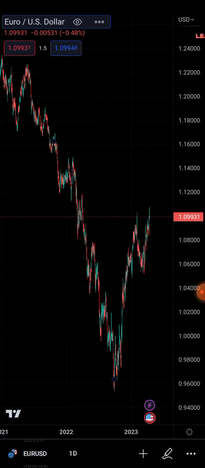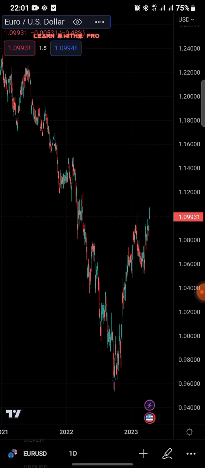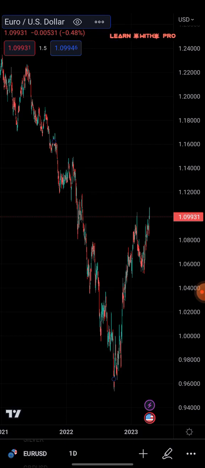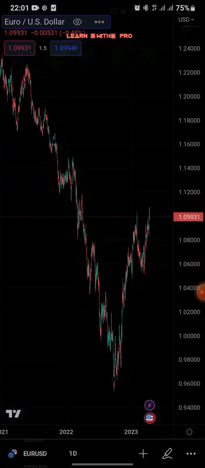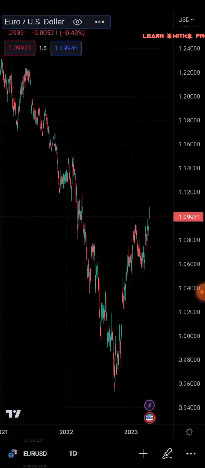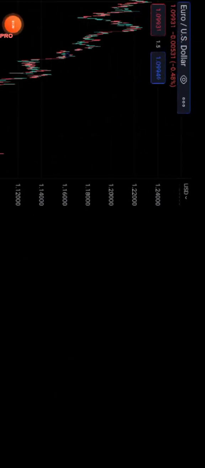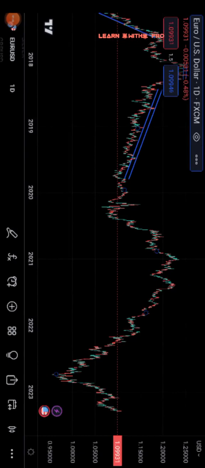Let me see if I can bend my screen so that you can get a clear view. So by this we can get a clear view of the market.